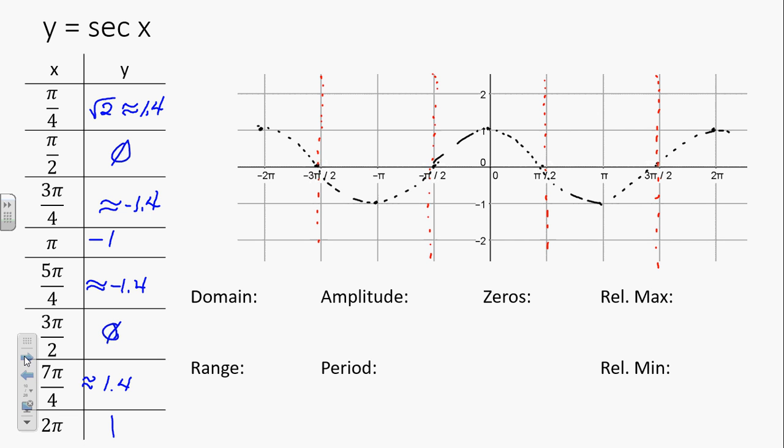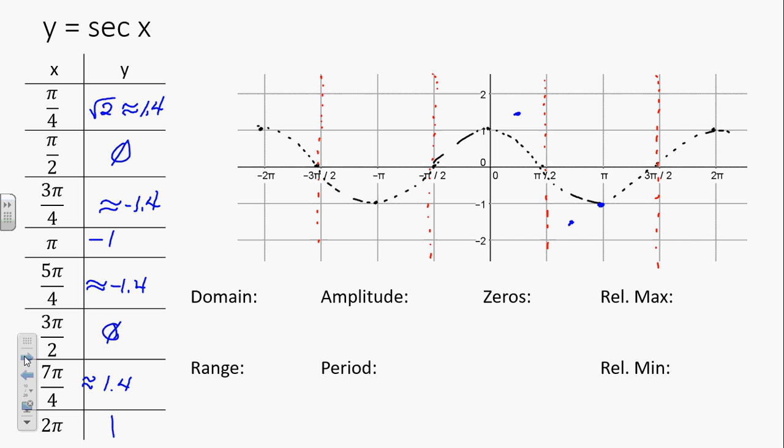So when we were at pi over 4, we're at 1.4. Halfway between 0 and pi over 2, we're at 1.4. And at pi over 2, we're undefined. At 3 pi over 4, we're at a negative 1.4. And then at a negative pi, or positive pi, we're at a negative 1.